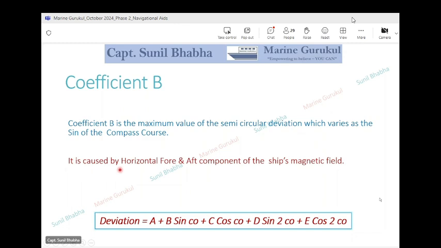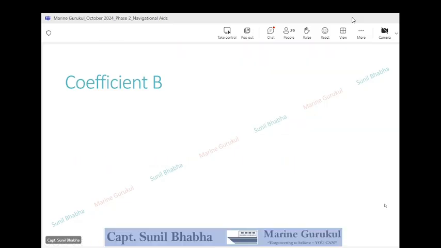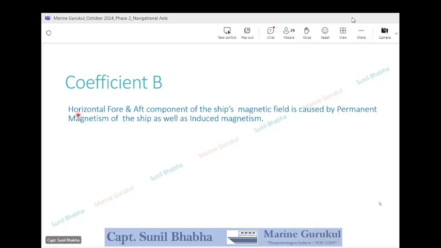The causing factor for this particular coefficient is the horizontal fore and aft component of the ship's magnetic field. Now, how is this component generated? Let us see. The horizontal fore and aft component of the ship's magnetic field is caused or generated by permanent magnetism of the ship as well as induced magnetism of the ship.